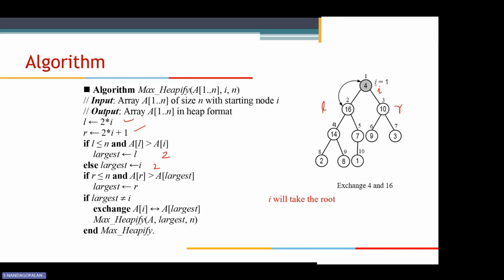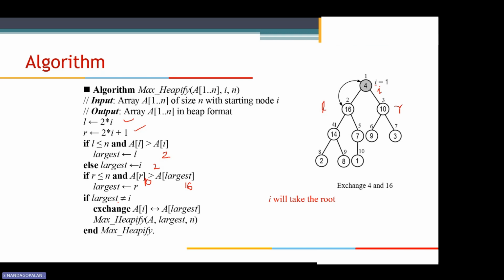So A of R is 10 and largest is actually 16. A of largest, which is A of 2. So this is not. So largest remains my 16 only.